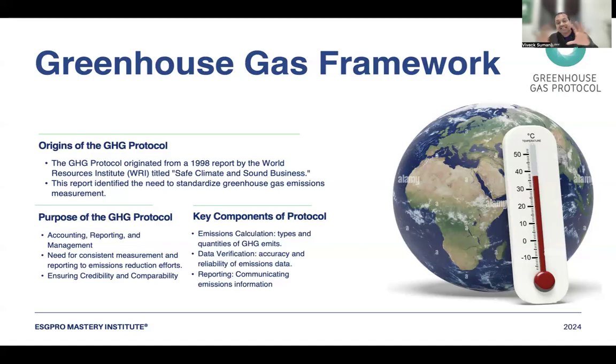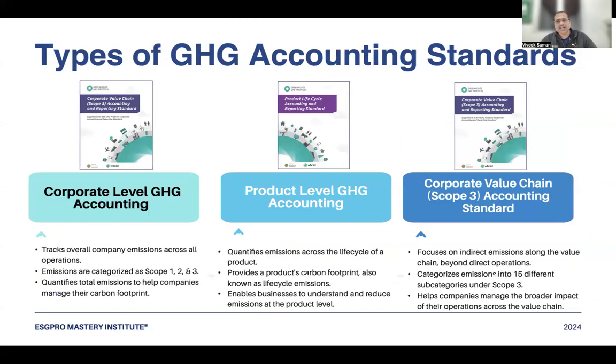That itself establishes whether you are verifiable or not. Are you with me? That's why people use it. You read one document of 100 pages, but once you have understood it completely, you have been safeguarded. And of course, the last part is reporting: how to communicate your emission information to the public at large. These are the three critical documents which we generally use whenever we do greenhouse gas accounting.